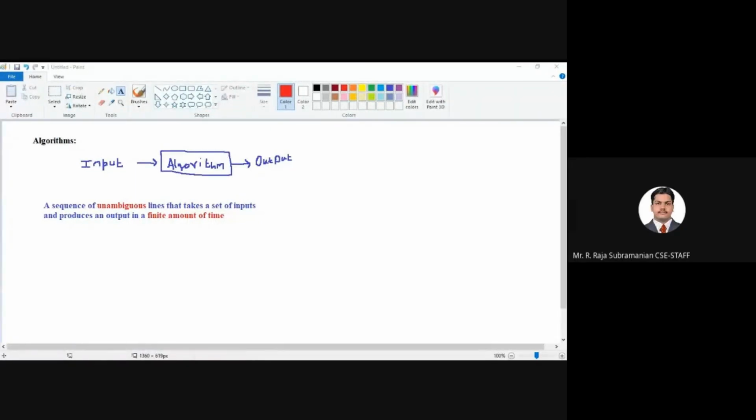And an algorithm will provide output in infinite time. False. Yes, it will provide in finite amount of time. True. An algorithm can have ambiguous statements. False. It should have unambiguous statements, that is non-confusing lines, right? Now it is very clear how the definition of algorithm goes.